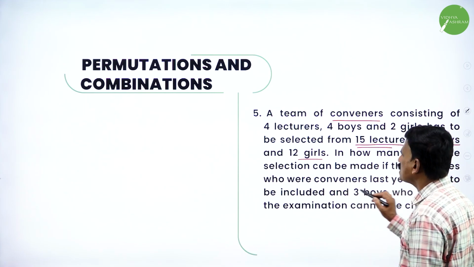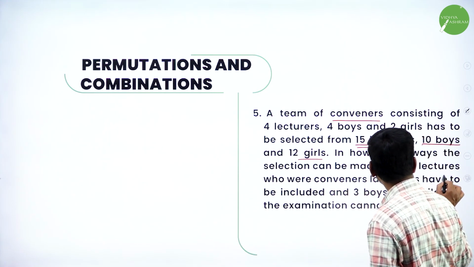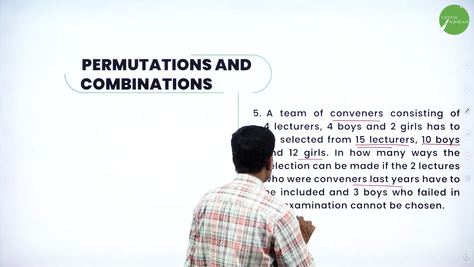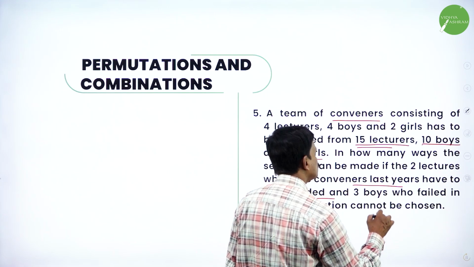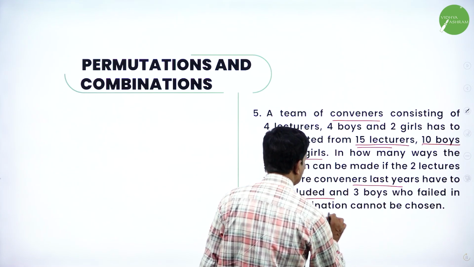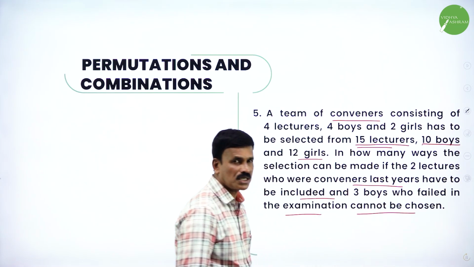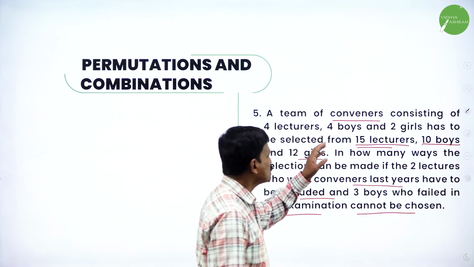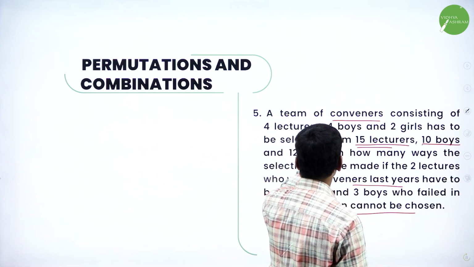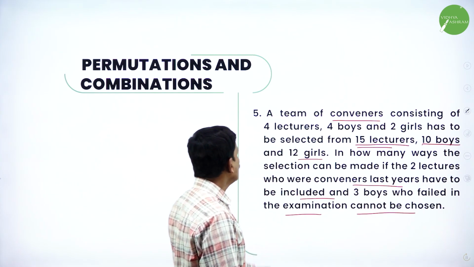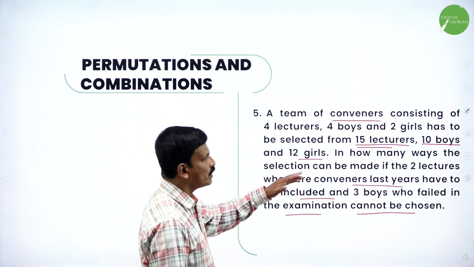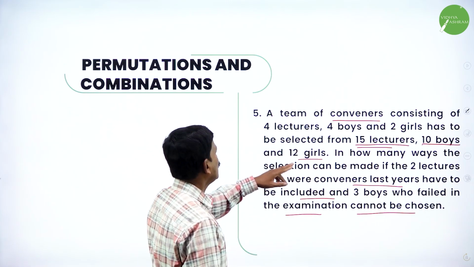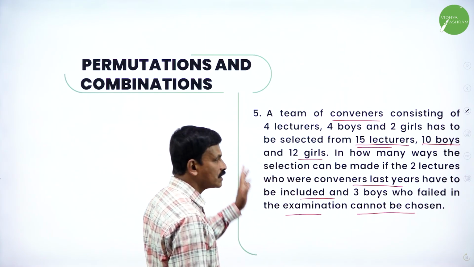In how many ways can the selection be made if 2 lecturers who were conveners last year have to be included and 3 boys who failed in the examination cannot be chosen. So see the condition. 4 lecturers, 4 boys and 2 girls are selected. 15 lecturers are there, 10 boys are there and 12 girls are there.